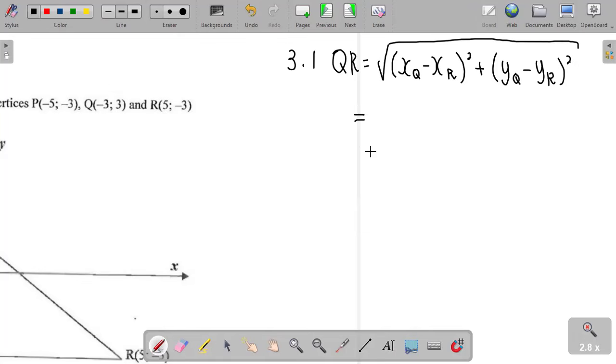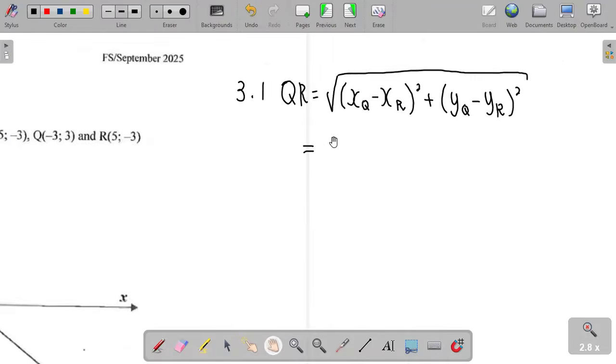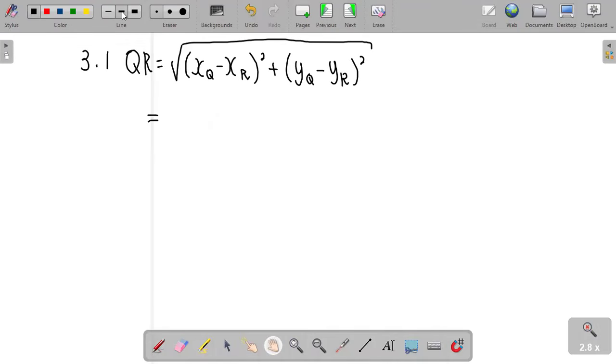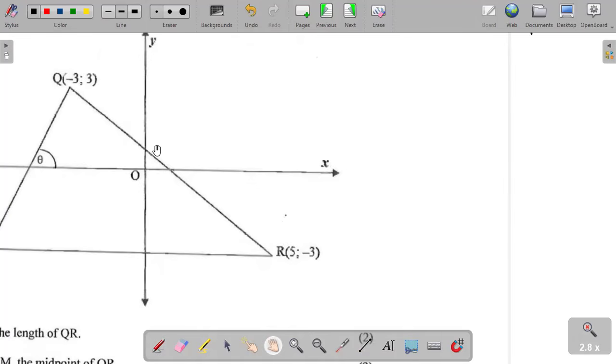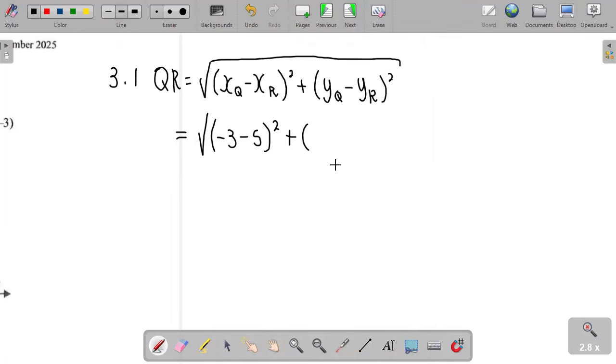So then we have to find the values here. (-3 minus 5) all squared plus, and then again we go to Q and R, it's going to be (3 minus -3) squared.